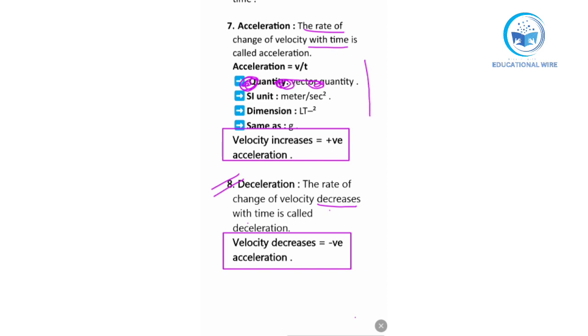Now here is one object, it hits this one and moves back. When it comes back after colliding, it decelerates and has negative acceleration. It's called deceleration.